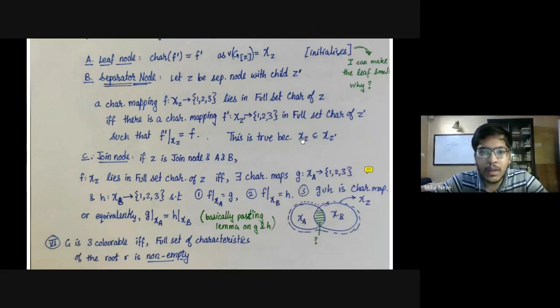And so what this tells us is that if there is a characteristic mapping for f dash, then this characteristic mapping is also a characteristic for the node z. Or in other words, the characteristic mapping lies in the full set of characteristics for the node z if and only if it is also lying in the full set of characteristics for the node z dash. Right?